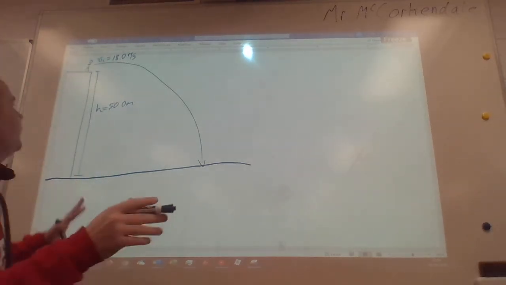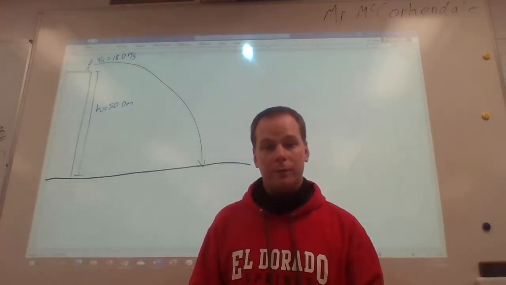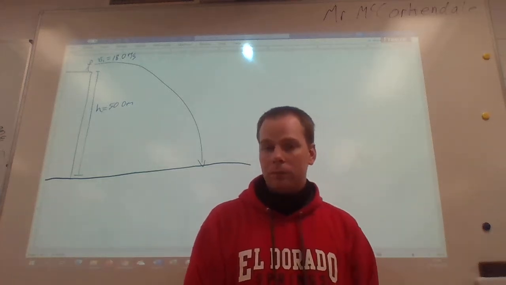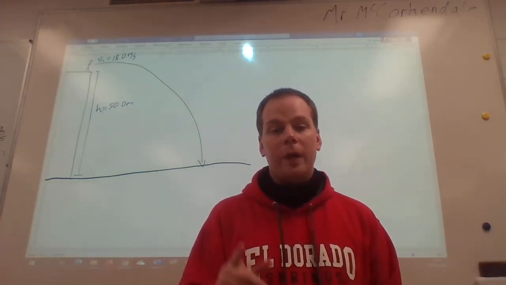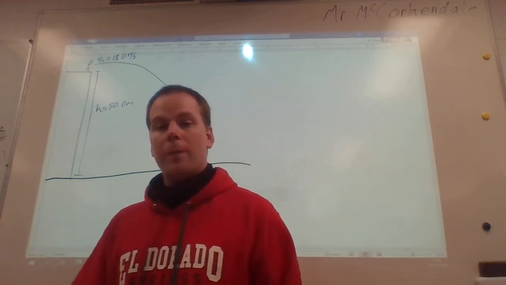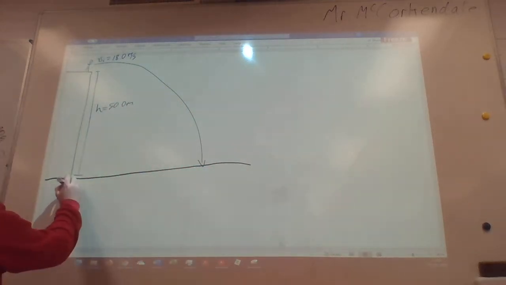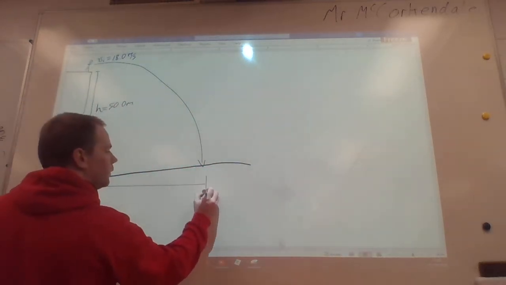And those are the only two pieces of information that we are given. From that, I want to determine how far from the base of the cliff the rock lands.